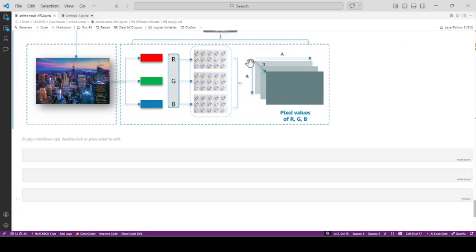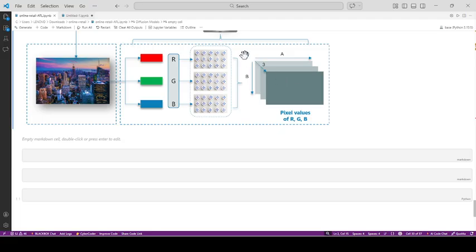For the colored image you have 3 different layers of matrix. And each matrix is for each primary color, as you know, the RGB colors: red, green and blue. For each layer you will be having a matrix.